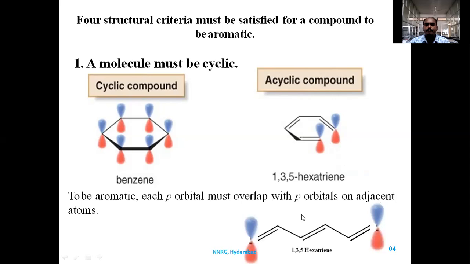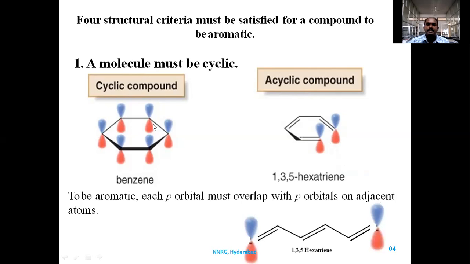So the overlapping of these 2 p orbitals will be very tough, such that this molecule is not aromatic in nature, but the structural similarity is there: alternate double bonds and 6 carbons. But 1,3,5-hexatriene is not an aromatic compound, whereas benzene is an aromatic compound.